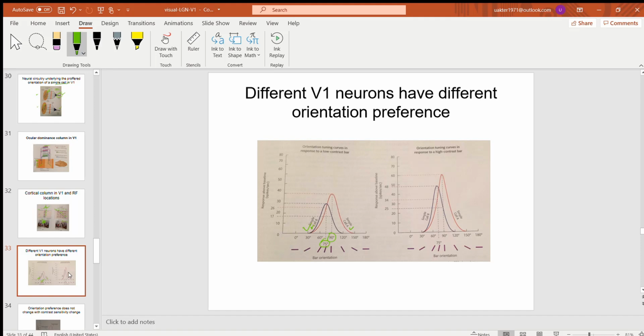Now, if you keep the orientation and increase the strength of the stimulus here by increasing the contrast of the bars, even if you increase the contrast of these bars, the orientation preference will not change. This neuron A will keep its orientation preference the same, 90 degrees, and B 75.